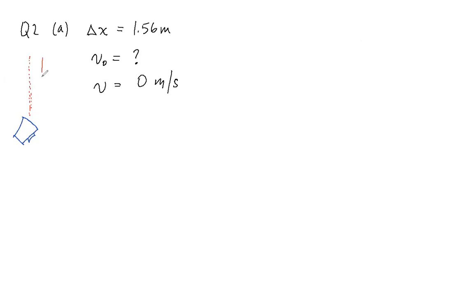And so that height that it reached is what we're calling the delta x, and that is the 1.56 meters. So we're asking, what was the initial speed that allowed it to go this far before stopping?